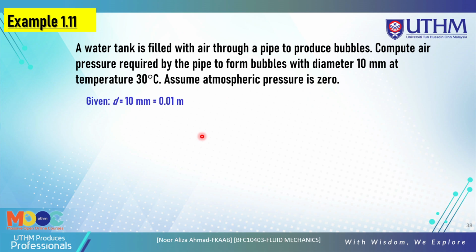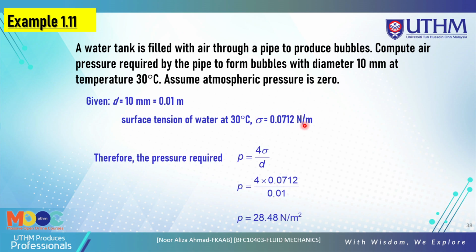But don't worry, in your test or in your final, I will give the table with different temperatures from 0, 10, 20, 30, and so on. So no need to convert, no need to calculate to find this. I will give you the table. The surface tension of water is given as 0.0712.